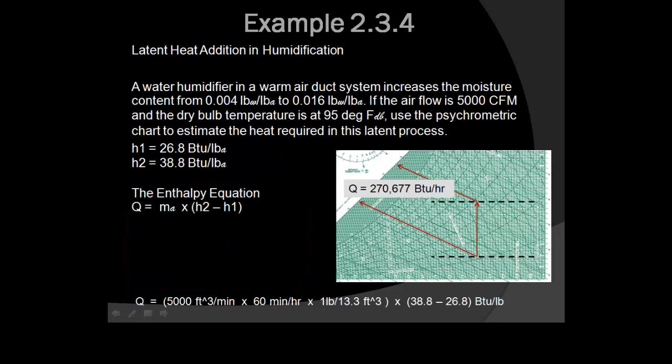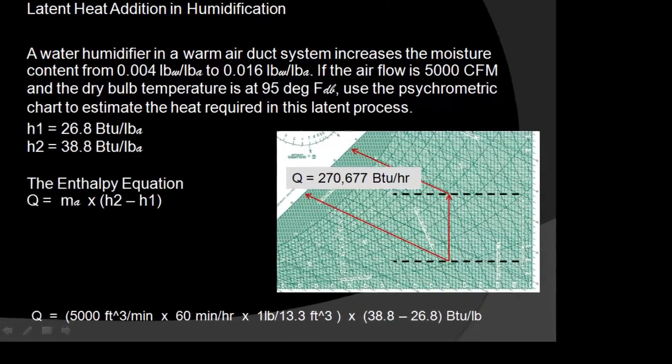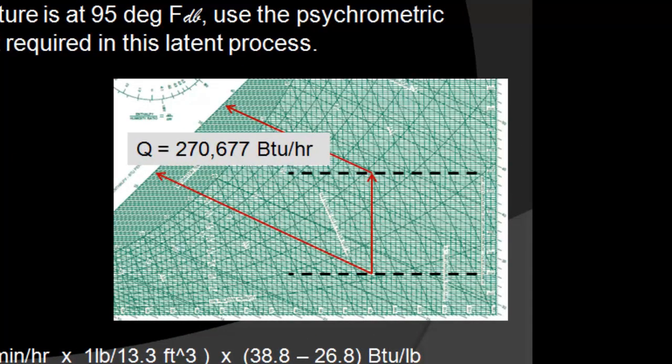Example 2.3.4. This is an example of latent heat addition in humidification. As noted in lesson 2.2, humidification can be shown on the psychrometric chart as a process line of constant dry bulb temperature with increasing humidity ratio, as shown here.